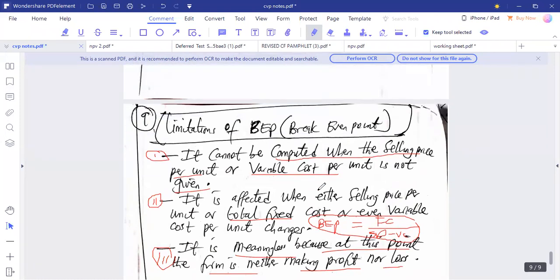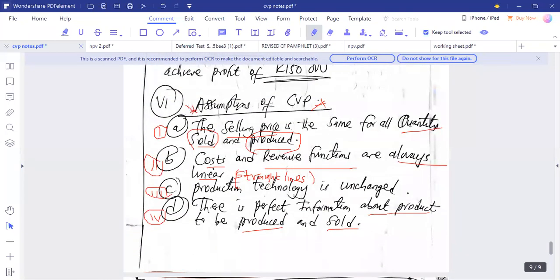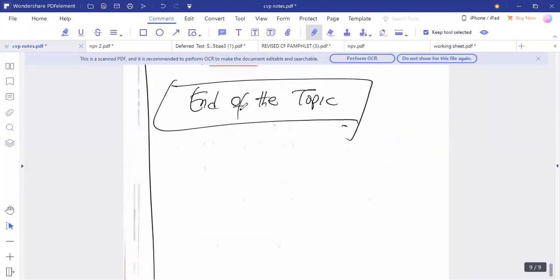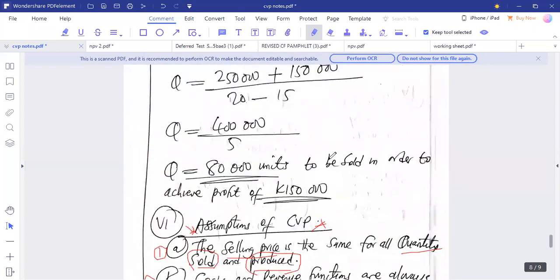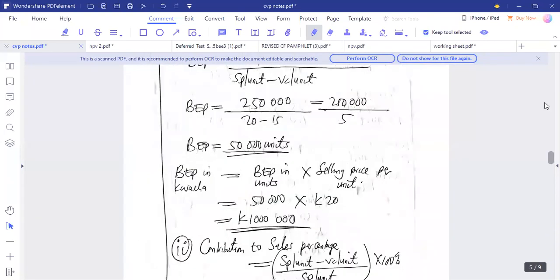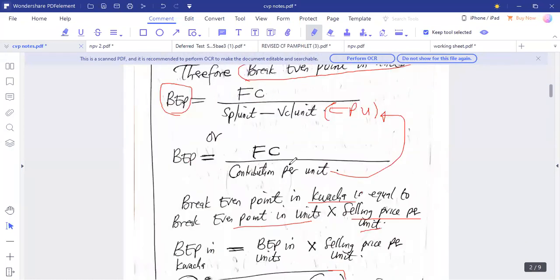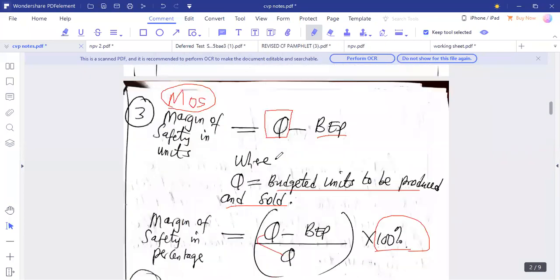So we are looking at the limitation of BEP. They expect a question of that type in an exam. And then we also look at the assumptions of the CVP. Those are cardinal ones. So now we can get down to an exam type question where we look at a detailed example.